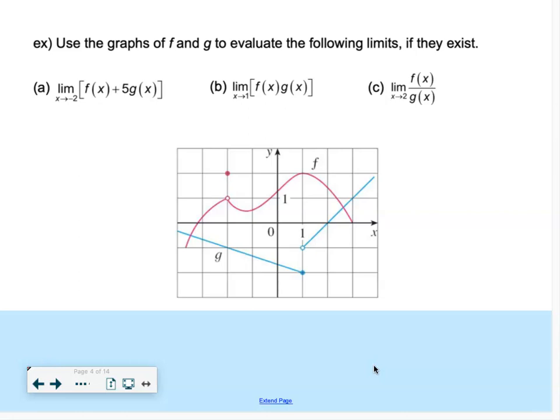Oh wait, that's 1. Just kidding. So I guess B is. Oh, actually, the limit for G doesn't make sense. That means the whole thing doesn't make sense.